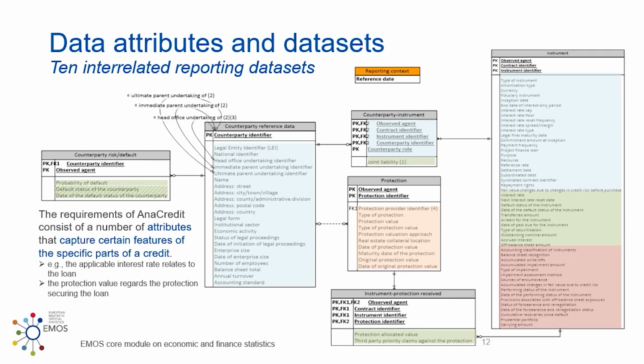For the purposes of reporting, these data attributes are organized in 10 interrelated datasets, such as the instrument dataset, the financial dataset, or the counterparty reference dataset. In addition to the data attributes, each and every reporting dataset includes a number of internal identifiers, such as the reporting agent identifier or the instrument identifier. They ensure data integrity and specify the relationships between the datasets.